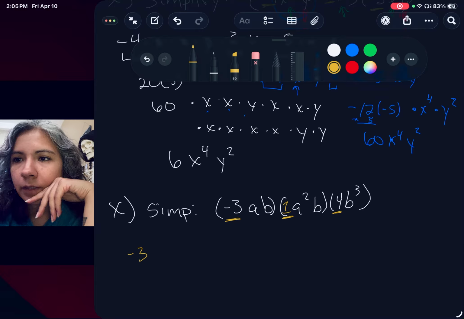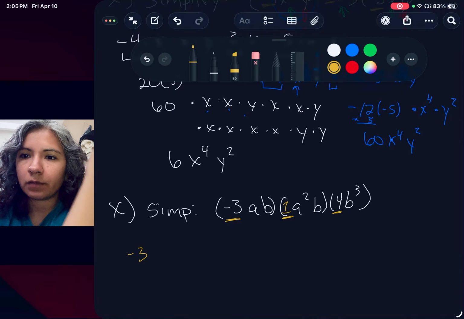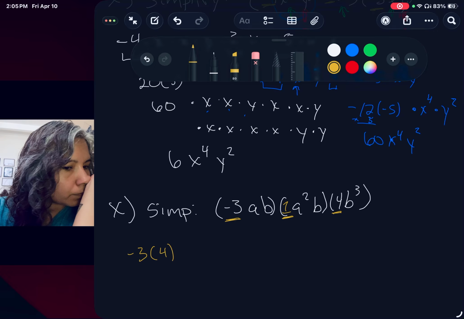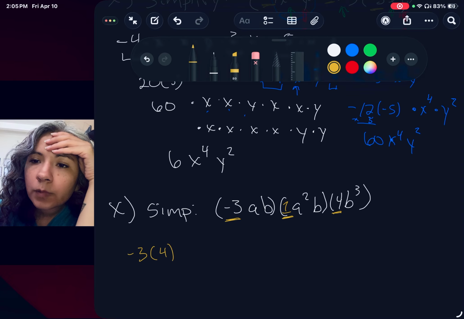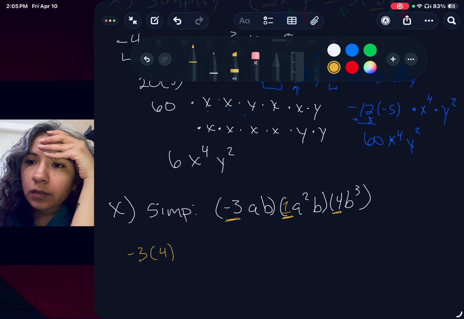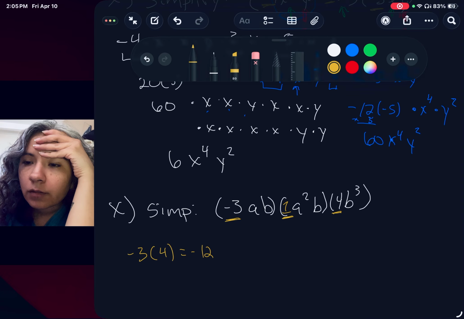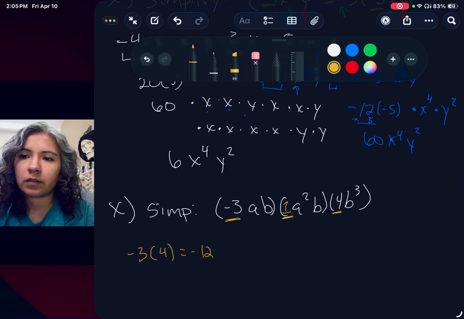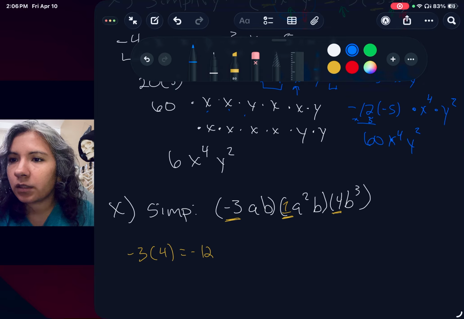So negative 3 times 1 is still negative 3 times 4. Opposite sign, so it's negative. 3 times 4 is 12. So our number part is negative 12.